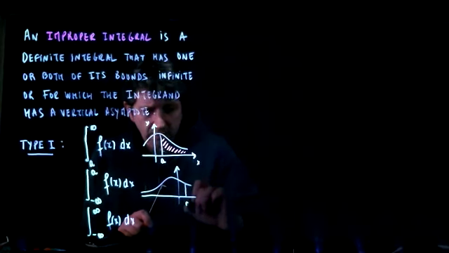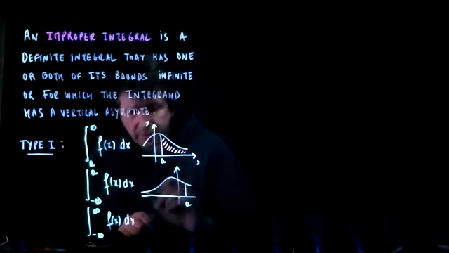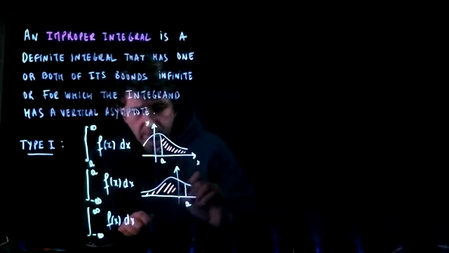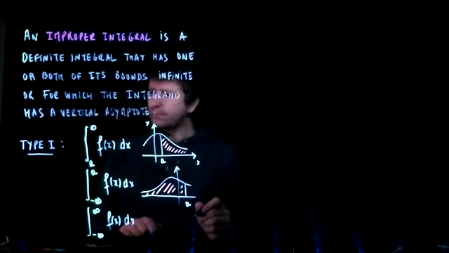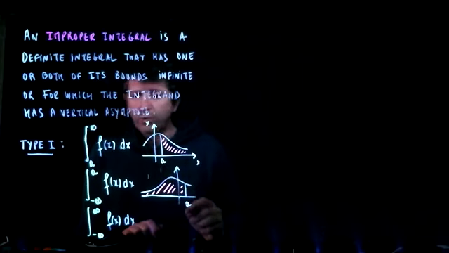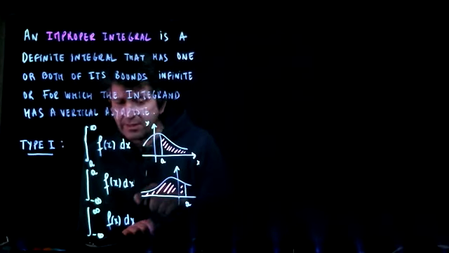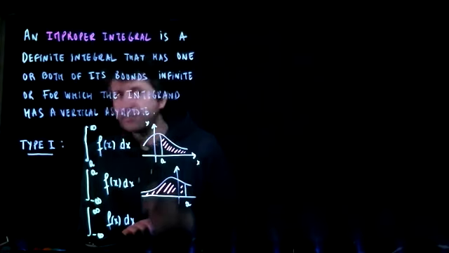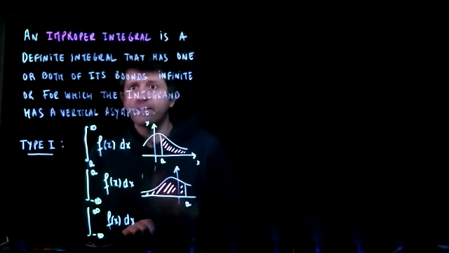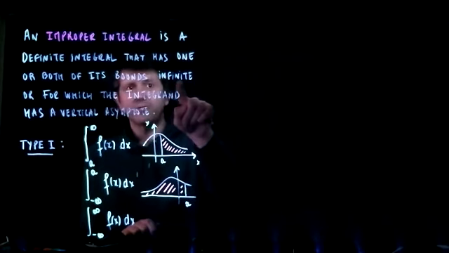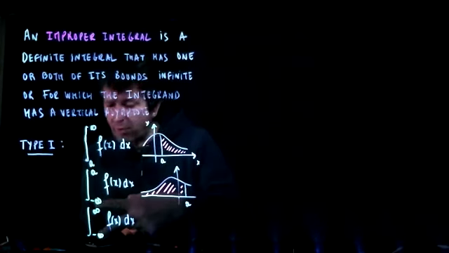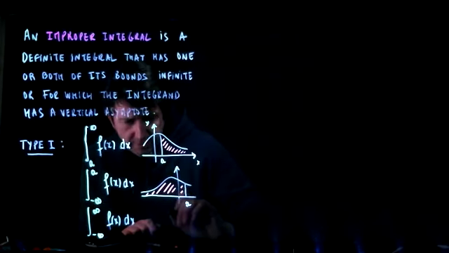So my function, let's say, is like this, who cares? And from negative infinity until A. Okay, that's also an improper integral because one of the bounds, the lower bound in this case, is negative infinity, it's infinite. Okay? Okay, one of its, or both of its bounds are infinite. The last case is if both the bounds are infinite, so it would be a case like this.